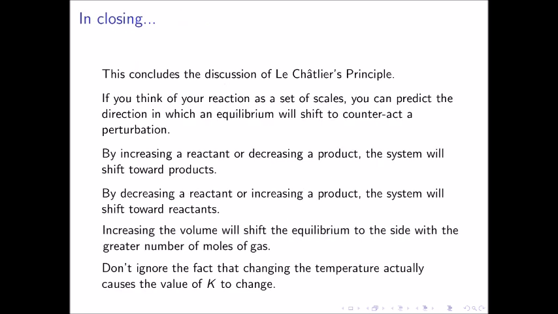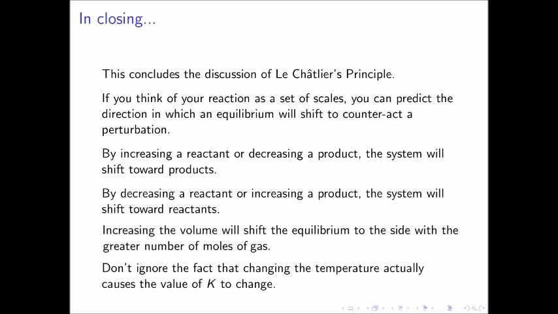We have now concluded the discussion of Le Chatelier's principle, the last lecture in our chapter on equilibrium chemistry. In closing, if you think of your reaction as a set of scales, you can predict the direction in which an equilibrium will shift to counteract a perturbation. By increasing a reactant or decreasing a product, the system will shift toward products.